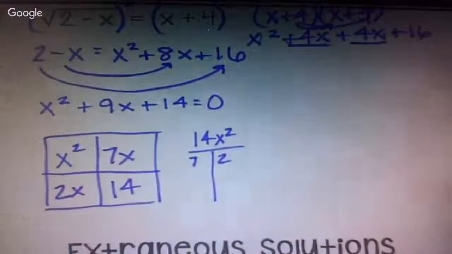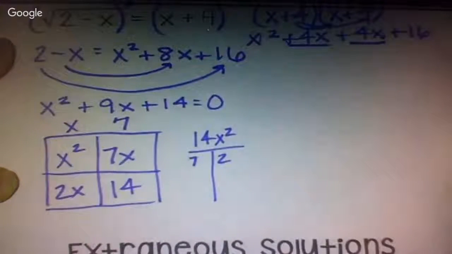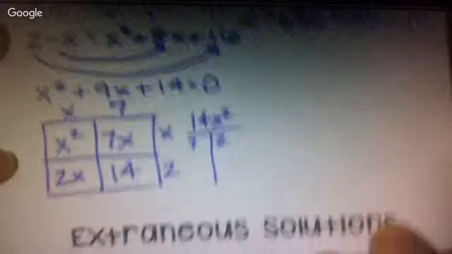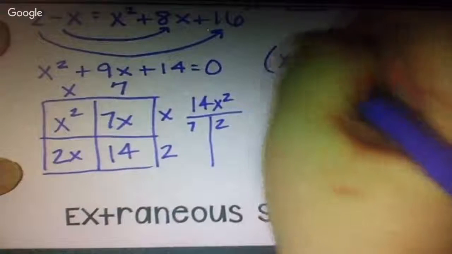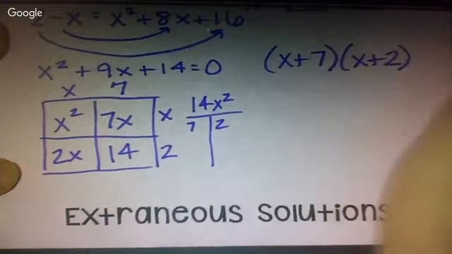So 7x, 2x. So I can pull out an x and a 7, and an x and a 2. So we actually have x plus 7 and x plus 2.